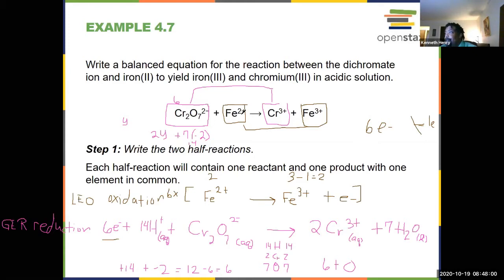We have 6, 6, and 6. Okay, so now we can add the equations together.